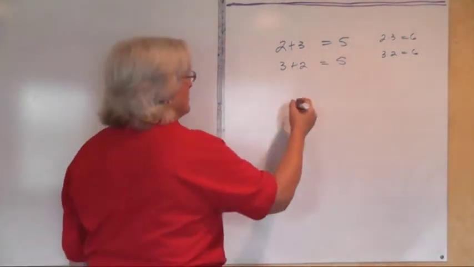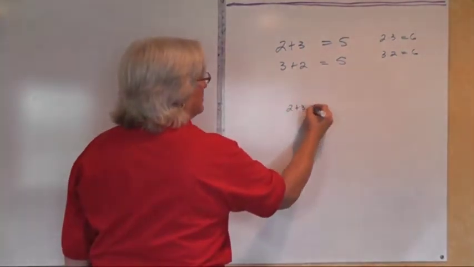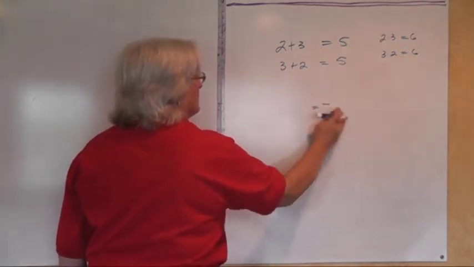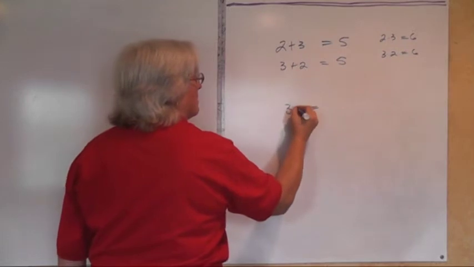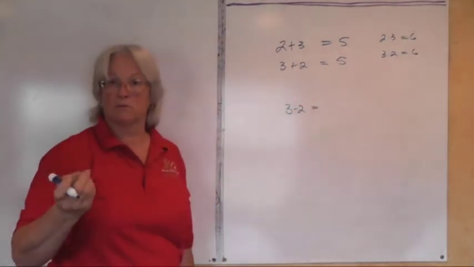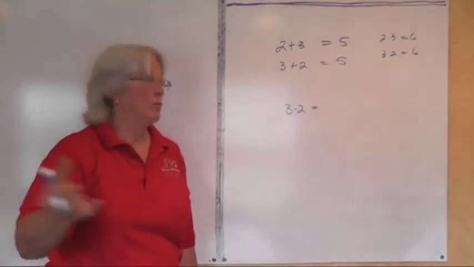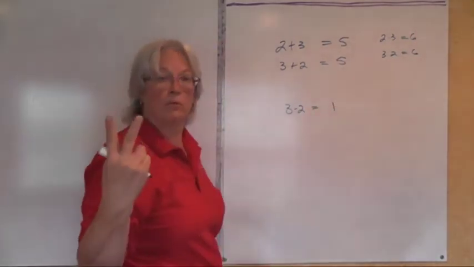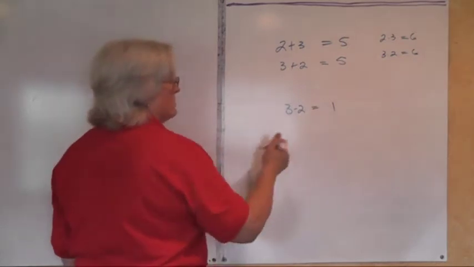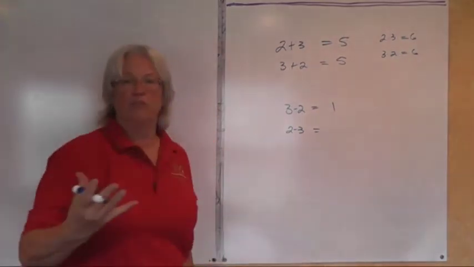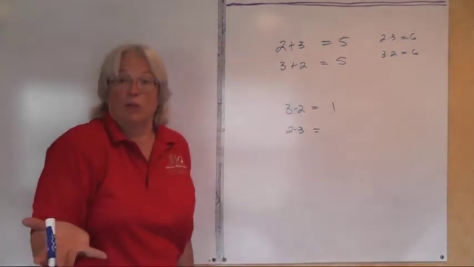But what happens if we have 3 minus 2? I have 3 cookies. I eat 2 of them. I have 1 cookie left. Let's turn that problem around. Instead of saying 3 minus 2, what if we said 2 minus 3? I have 2 cookies. Can I even eat 3?